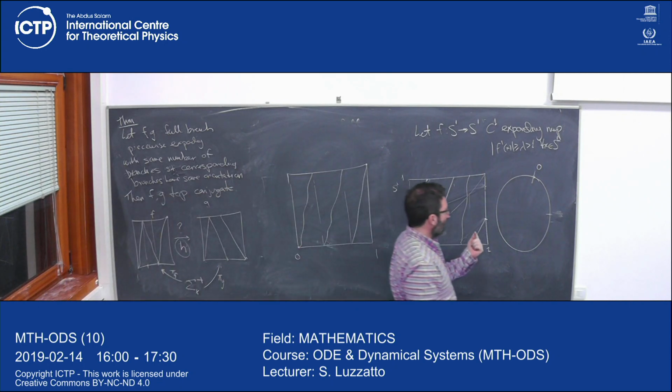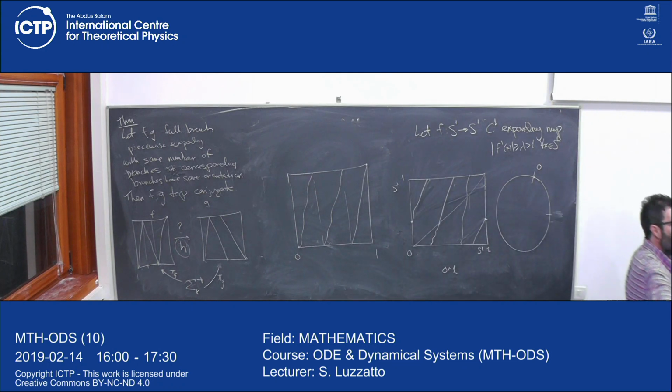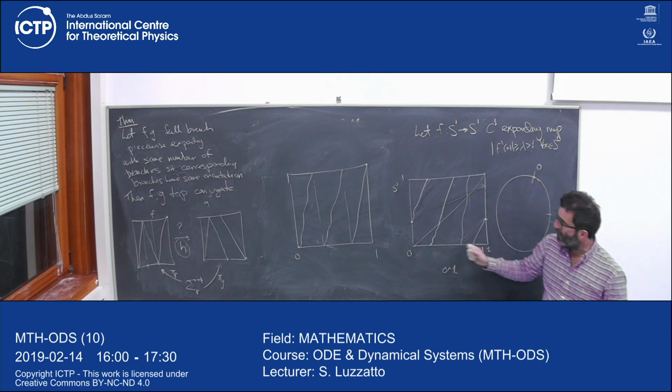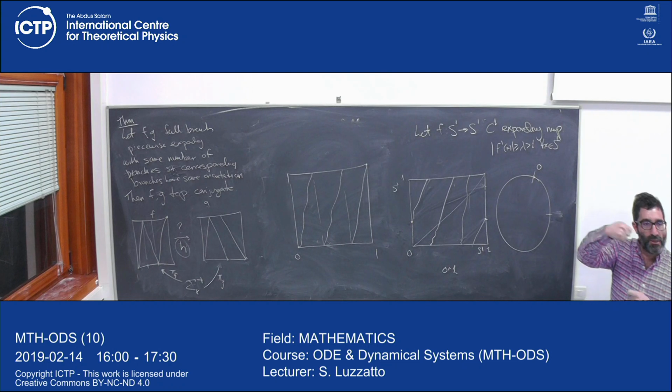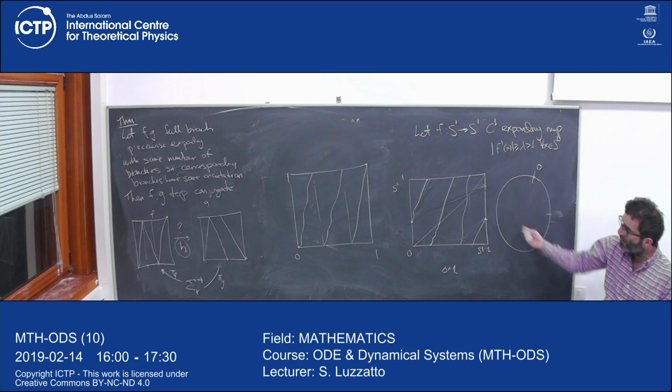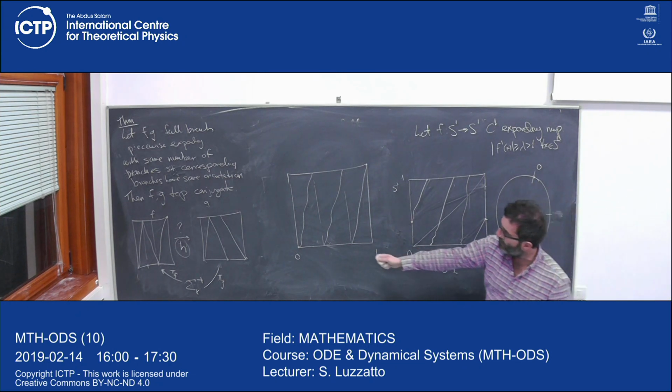This means in particular that every C1 expanding map is a covering map of the circle. If it has 3 branches, that means it has degree 3, in the sense that the image of the circle covers itself 3 times, like this.